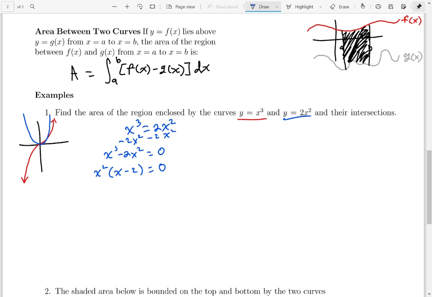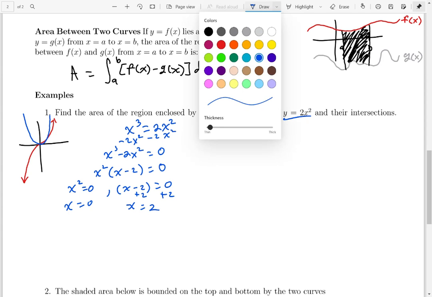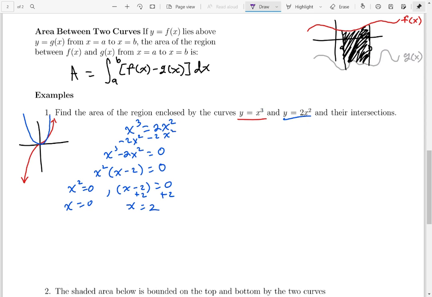Then zero product property, x squared is equal to 0, x minus 2 is equal to 0, and so we get that x is equal to 0, and x is equal to, add 2, x is equal to 2. And so specifically, I now know that my locations of intersection are at x being equal to 0 and at x being equal to 2.